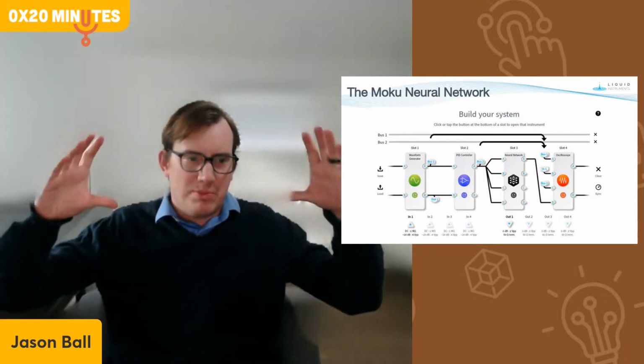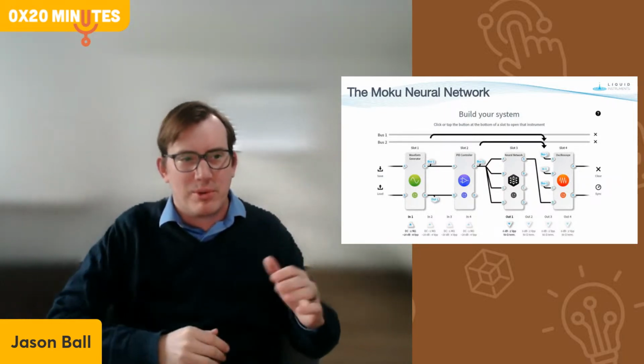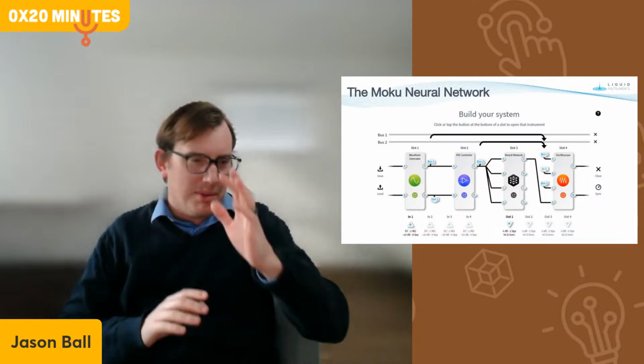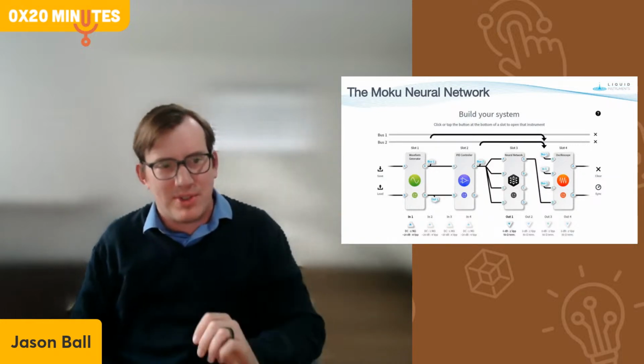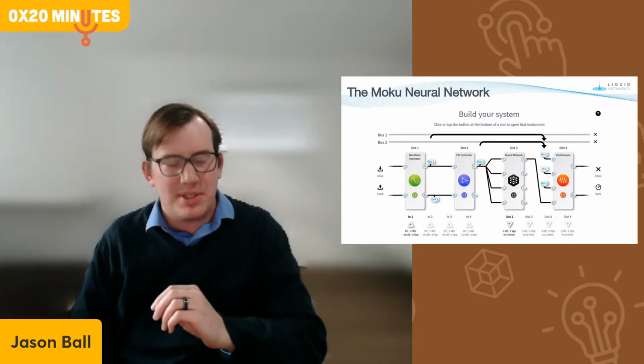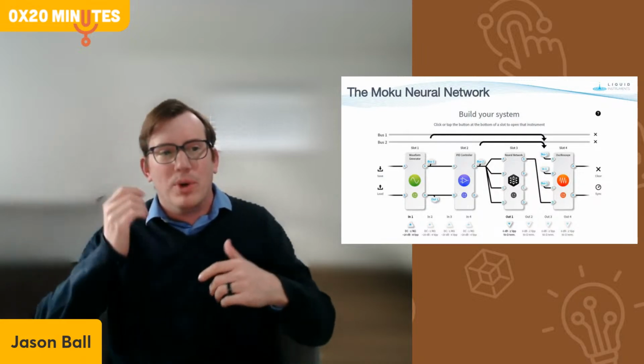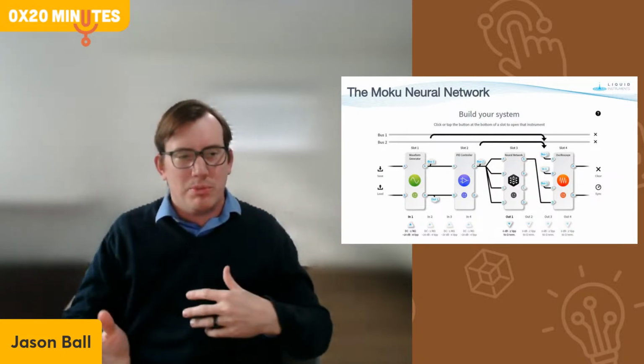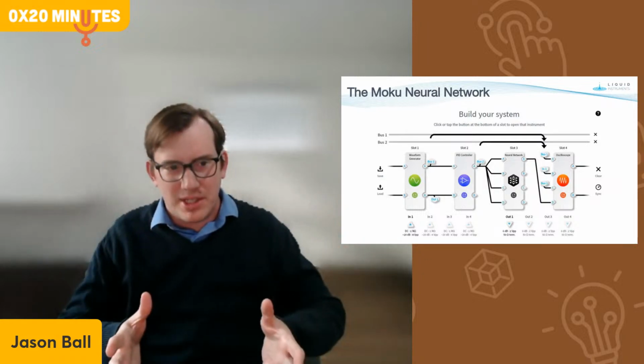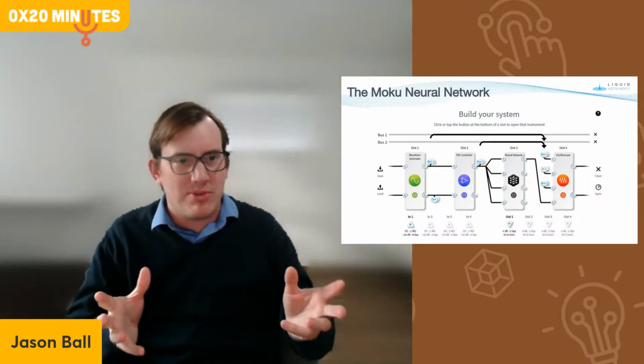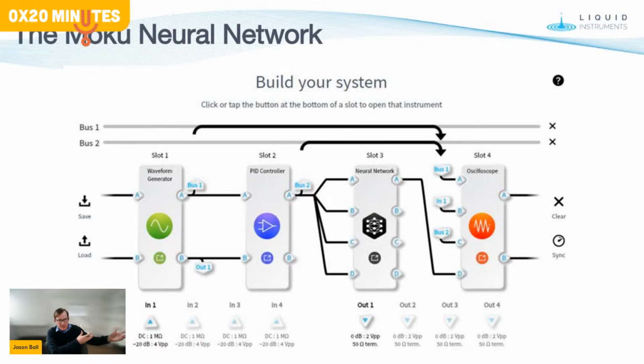If you're familiar with the structure of a neural network, it's basically a matrix of numbers, all your matrix values, then all your activation functions, and then your biases. What you do on your computer is train the network, wrap all those numbers up into a configuration file, and then upload the configuration file to the Moku. Below the neural network icon, there's that little box with the arrow. You click on that, and that allows you to load your configuration onto the neural network.